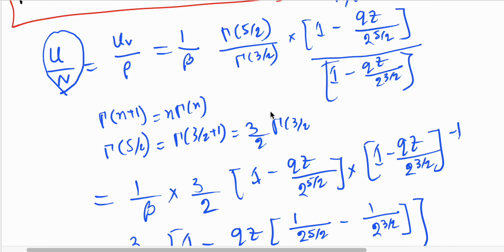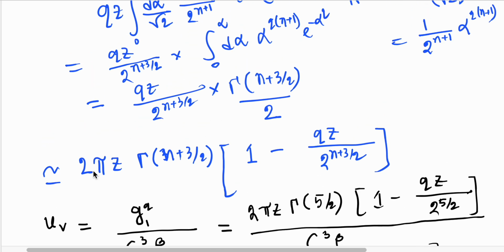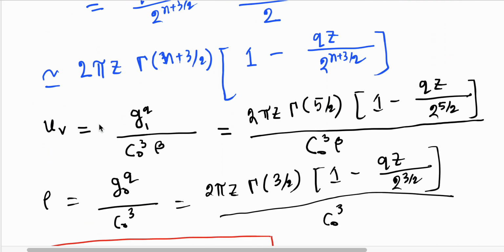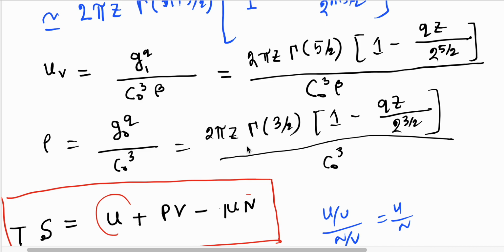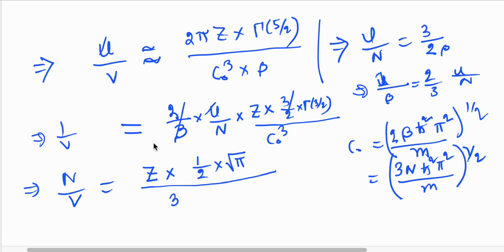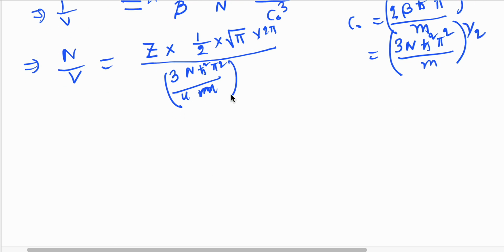Okay, 2 pi z is missing here. 2 pi z should be there. Okay, so I have missed this 2 pi z somewhere. So there is a 2 pi sitting there into 2 pi. So 3n h cut square pi square by m, u to the power 3 by 2. So this cancels out, 3 by 2 and 1 pi 3 by 2 is out.